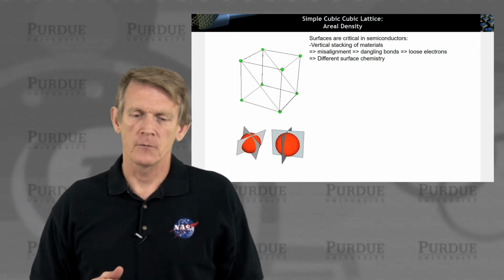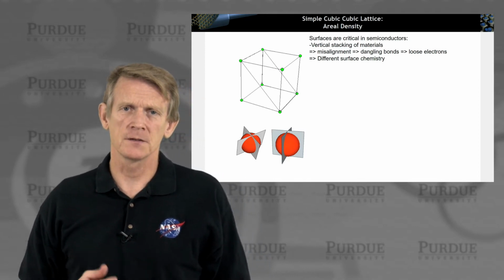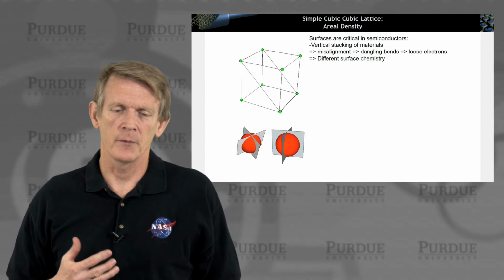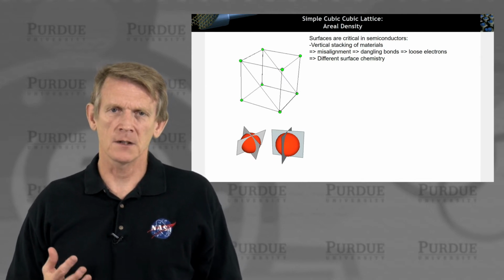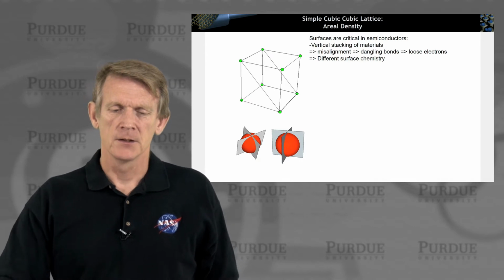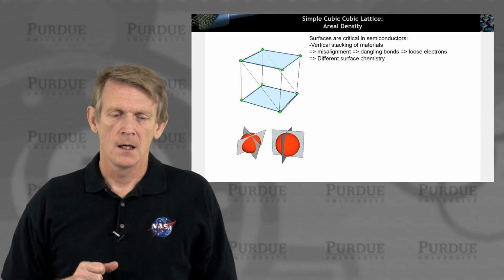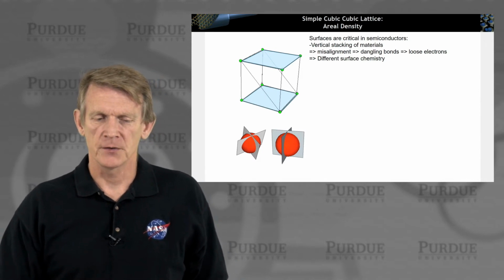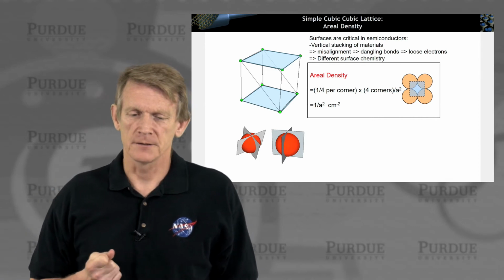So here we have another issue that in devices we often deal with surfaces. And we have to measure how many atoms are on a surface, because that influences how many bonds are at the surface, etc. So let's look at the simple cube again. So I'll look at the top surface like this, and we will compute an areal density.